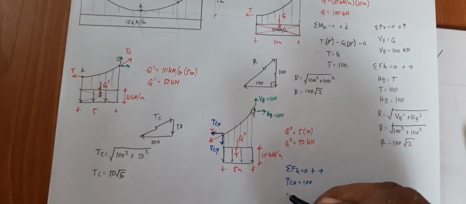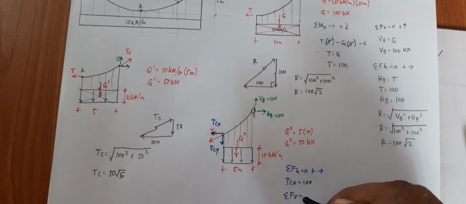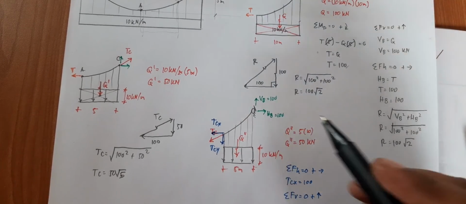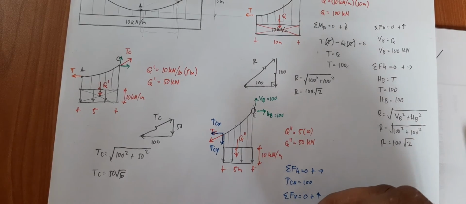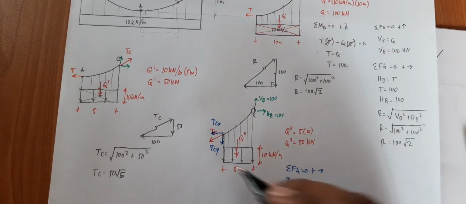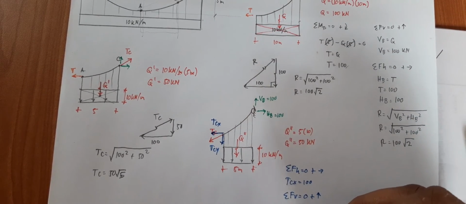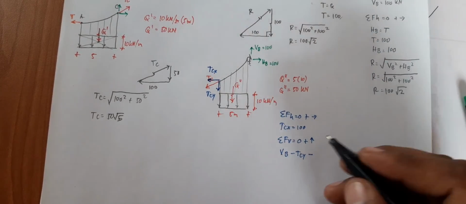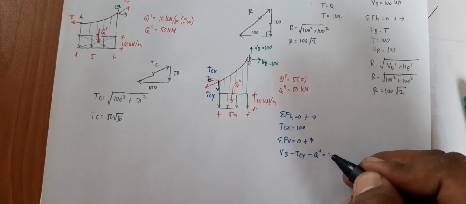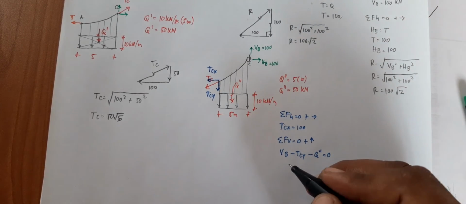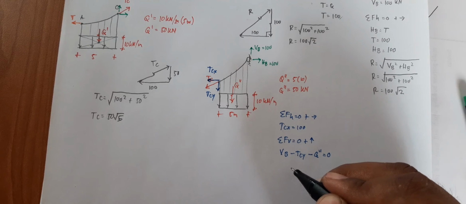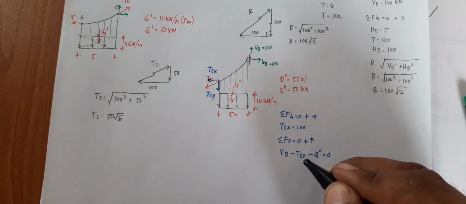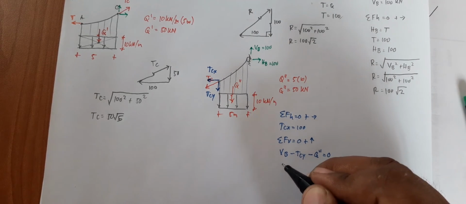Next, taking summation of forces vertical is equal to 0. Let's take positive upwards. In the upward direction, you have VB. In the downward direction, you have TCY and then Q double prime, is equal to 0. So you have the values: VB is 100, Q double prime is 50, transposed to the other side of the equation.